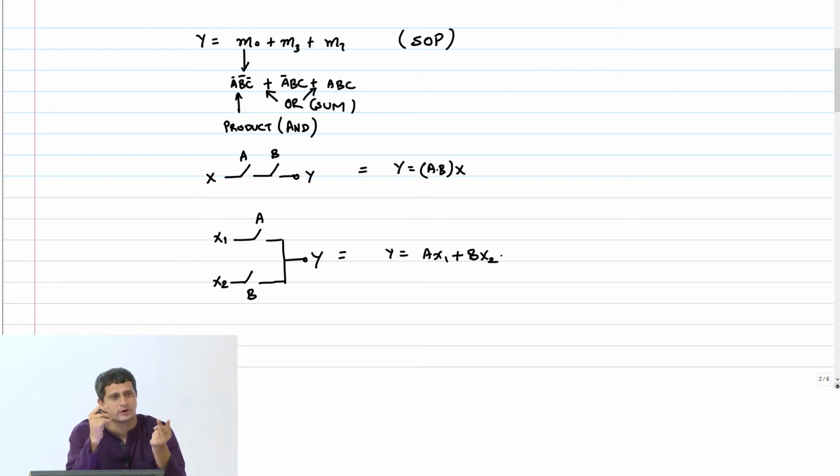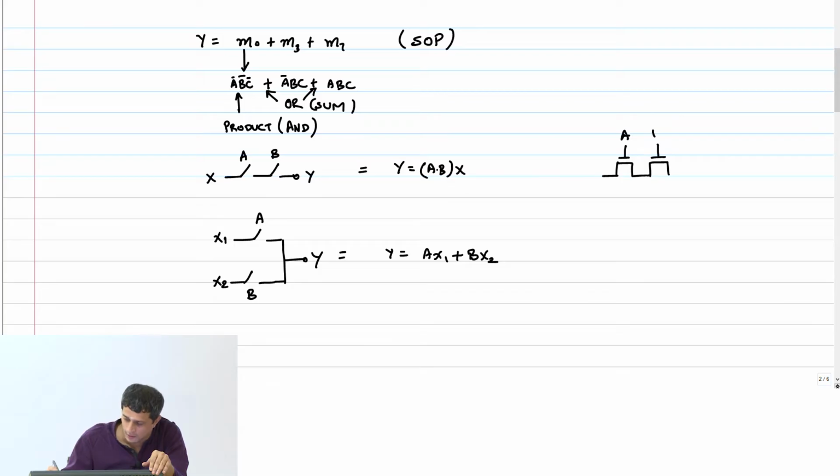Now we have two kinds of switches in static CMOS logic that we can use. One is an NMOS transistor and the other is a PMOS transistor, right? So what we said last time was, if I have an NMOS transistor like this, trying to pass a logic X, then Y will be A, B into X, okay?